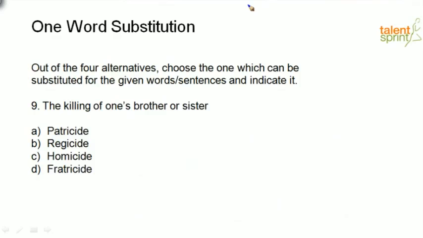So here, our clue words obviously are brother or sister. So some of the words that you need to be familiar with will help you identify the right answer choice. So we can safely eliminate A and C. We know those are not the answer choices because it's exclusively talking about killing one's brother or sister.